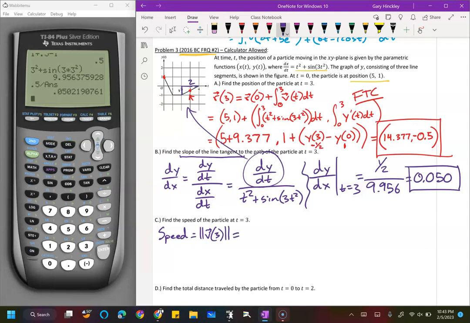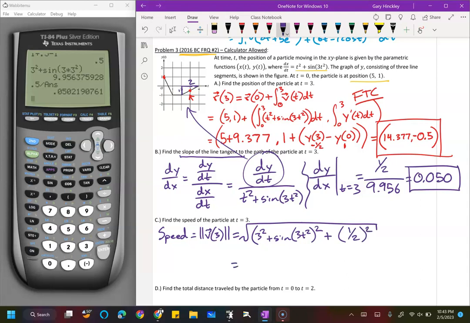So that's going to be the square root of, and again, our dx/dt at 3, so that'll be 3 squared plus sine of 3t squared, plus, and then again, that'll be our dy/dt at 3, which was 1/2 squared.